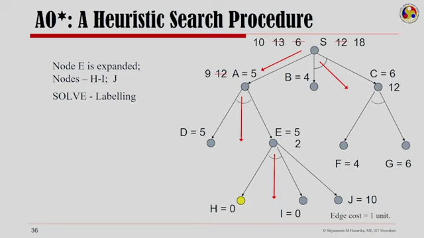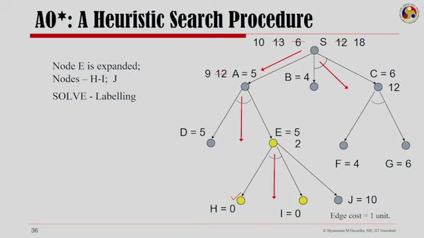So, we have H, which is part of the solution set, and we have I, which is part of the solution set. Here I should point out that I have marked the solved nodes in yellow color, so that I can see which node I am talking of as I am propagating it bottom up. So, H and I are solved. That would make node E a solved node.